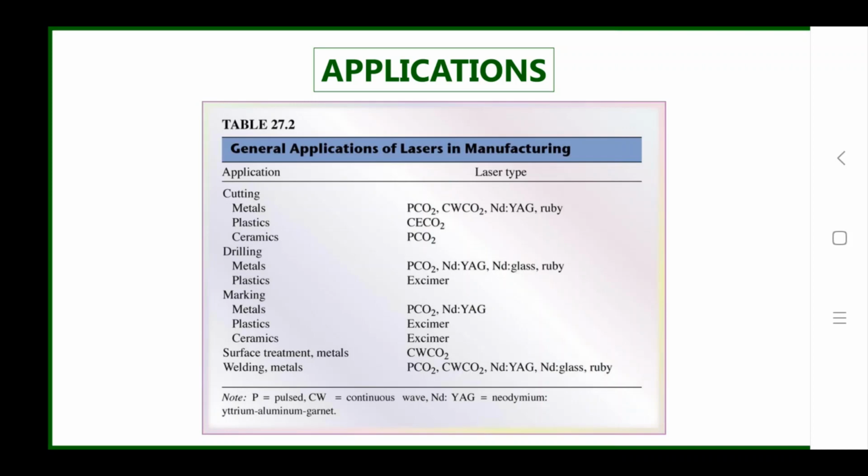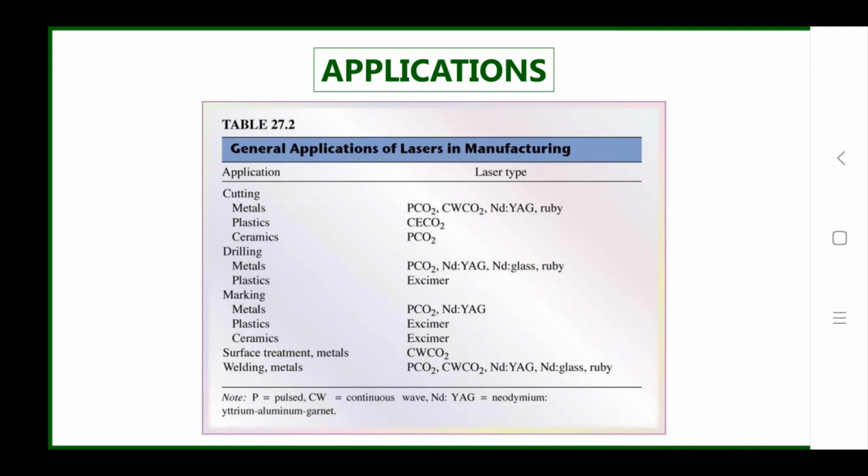Here I will highlight some applications of laser beam machining. Here I have given two columns. One side is the application, and the other is which kind of laser we can use for that application. So the first category is cutting. For metal, plastic, ceramic, we have different types of laser.